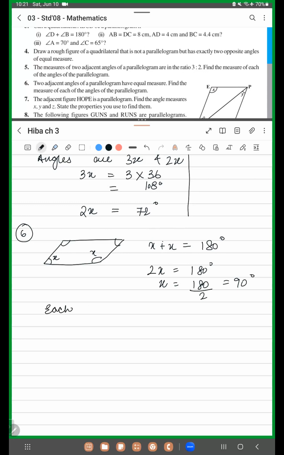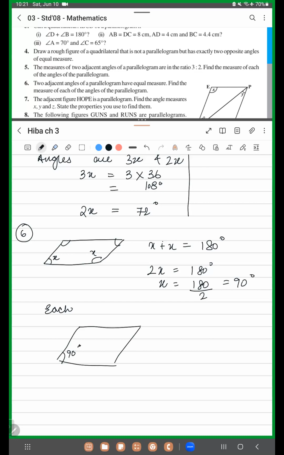Because Hiba, if I give you a parallelogram in which one angle is 90, then you can automatically tell that all of them will be 90. Why? Because if one angle is 90, let's say this one is 90, okay? Pay very close attention here.